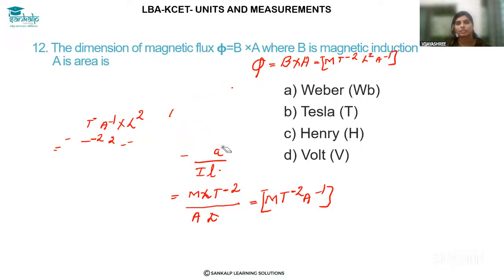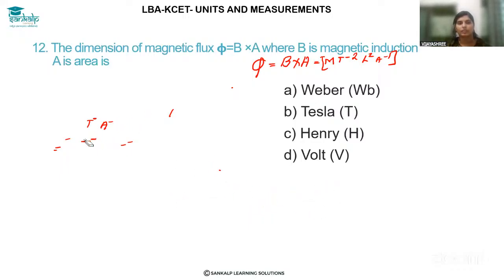Let us analyze the options. Okay, option A, let us see. So Weber, WB. What is the dimensional formula for Weber?